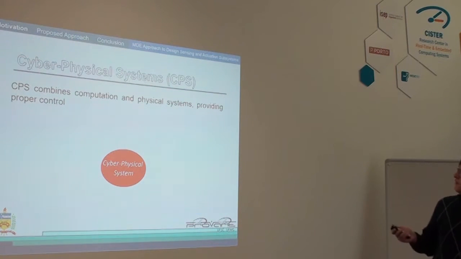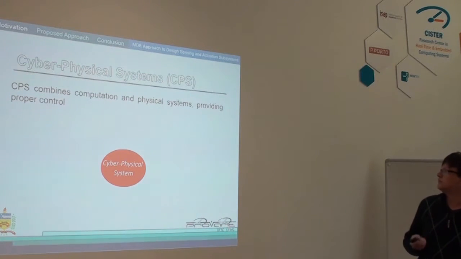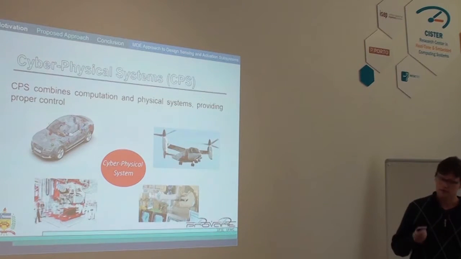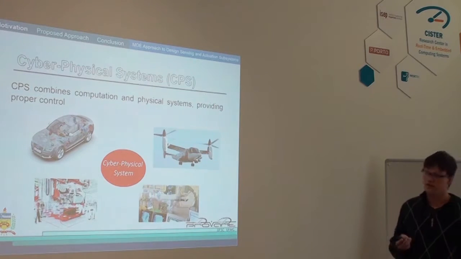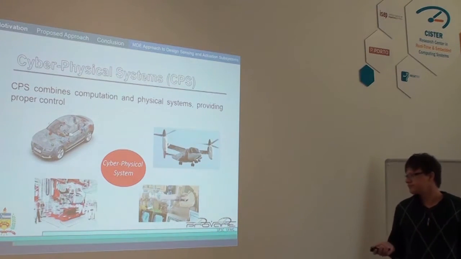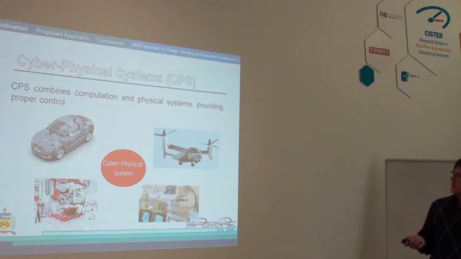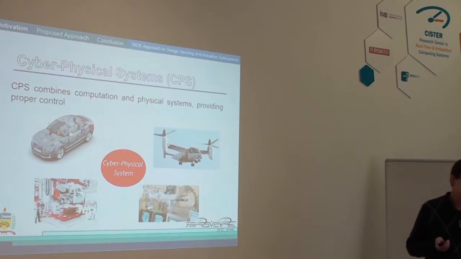Cyber-physical systems, as we know, combine computational systems with physical systems, providing the proper control for the specific application. We have today many applications of this kind of system in industry, in autonomous vehicles, in aircraft, and in home and health applications.